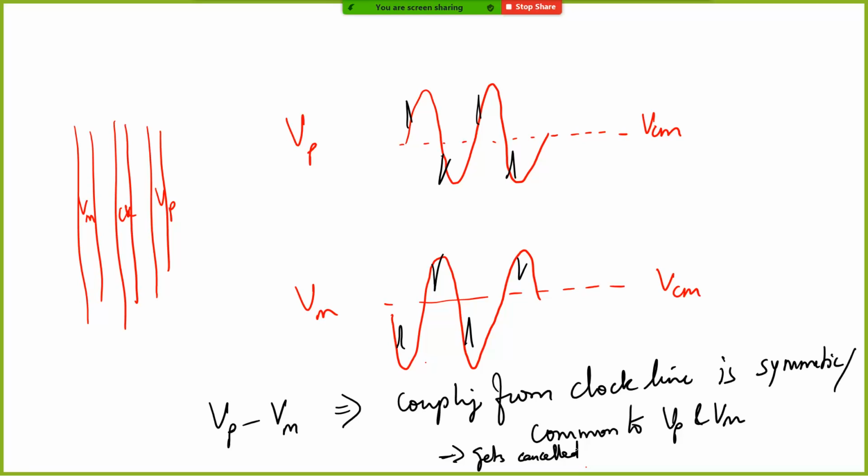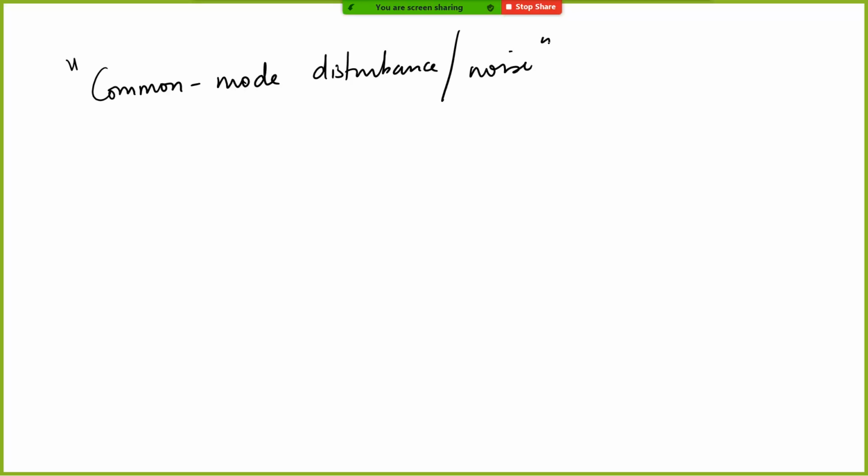With differential signals, in a more generic term, you can call this a common mode disturbance, or more professionally, common mode noise. Common mode noise basically is the noise which is common to both Vp and Vm, the two differential signals.